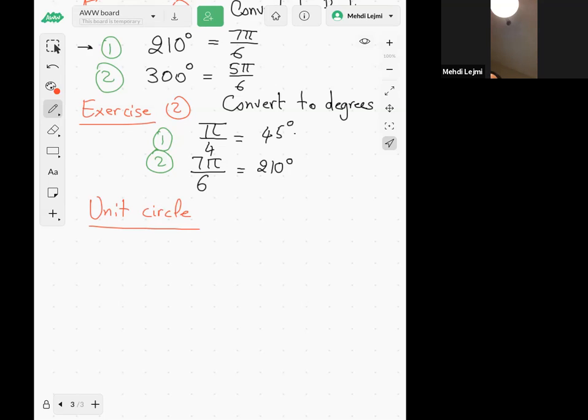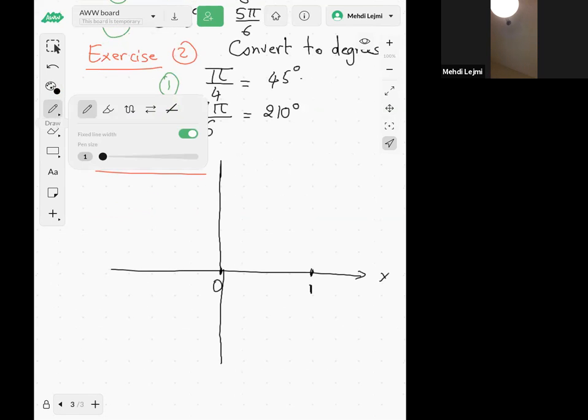So the unit circle, guys, what I mean by unit circle is a circle of radius 1. You have this x-axis, with 0 somewhere and 1 right here, and here's my y-axis, where somewhere here it's 1.